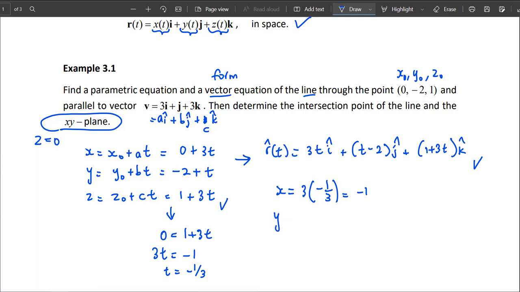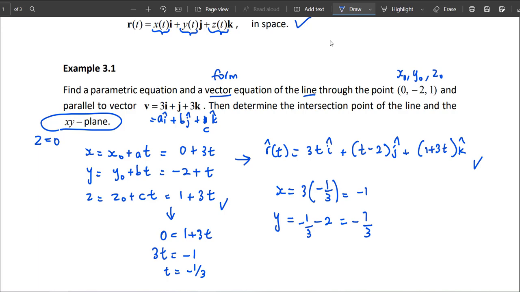y equals t minus 2. Our t is equal to -1 over 3. So here, -1 over 3 minus 6 over 3, so -7 over 3.